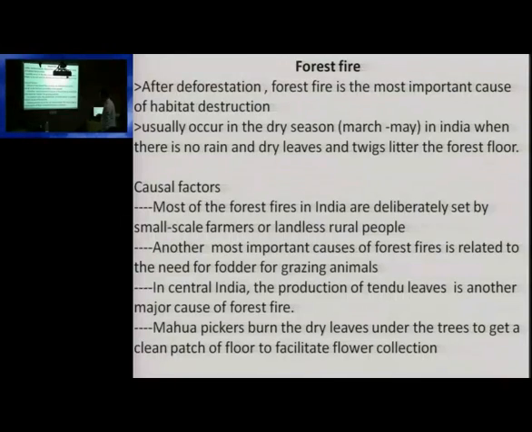Mahua pickers, this is in the Punjab and Western UP region, you will find this, burn the dry leaf under the trees to get a clear patch of floor to facilitate flower collection. In India, I have taken 2-3 places where there is a rampant practice of forest fire. And they practice this forest fire for their economic activities. That needs to be appreciated here.